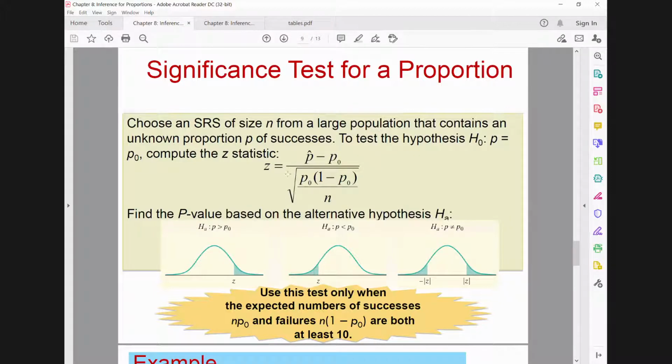Then it depends on whether we have one side, on the right or on the left, or two sides. As you know, when we have two-sided, we have to multiply by 2.